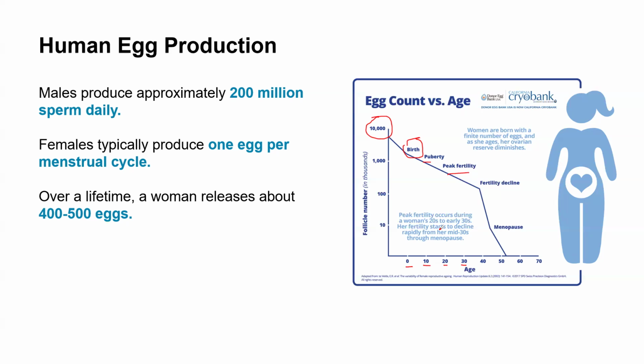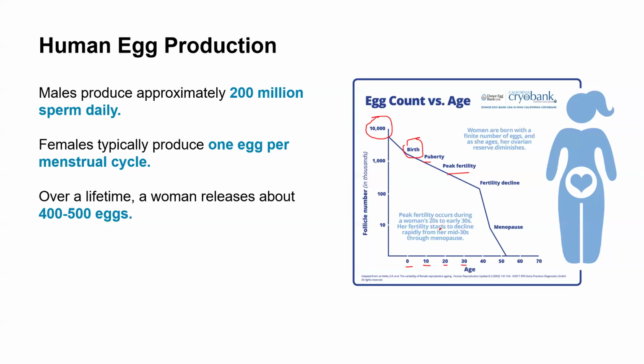So it means that a lady has a high chance of fertility between the ages of 20 and early 30s, like 35. But between 35 and 50, there's a likelihood that she will reach menopause, meaning that all the eggs will be exhausted.